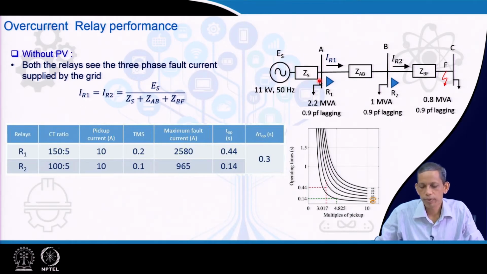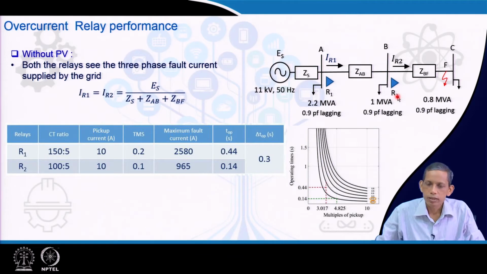Now, let us have a system with 3 buses and a fault at F, and we have 2 relays here, R1 and R2. These R1 and R2 have CT ratios 150:5 and 100:5, and a pickup current, let us say, of 10 ampere for both. We have learned the overcurrent relay principle and coordination earlier in the lectures.